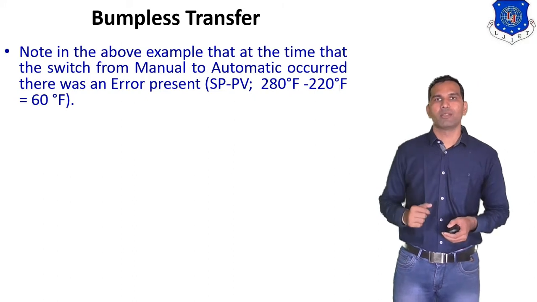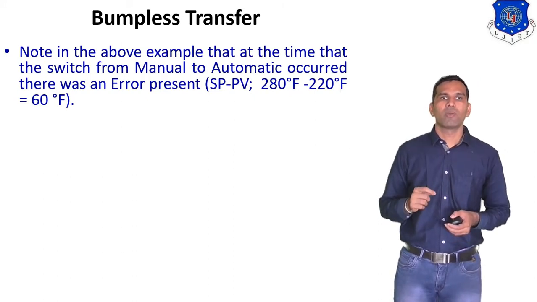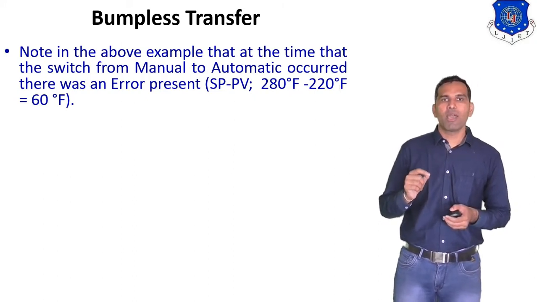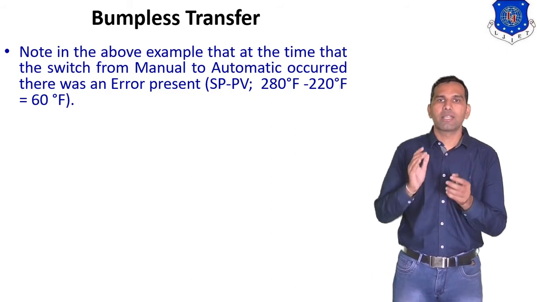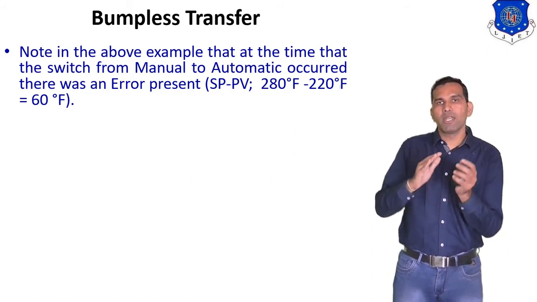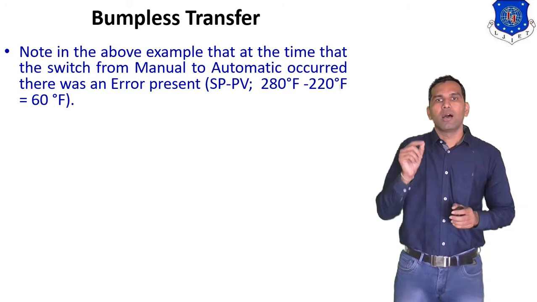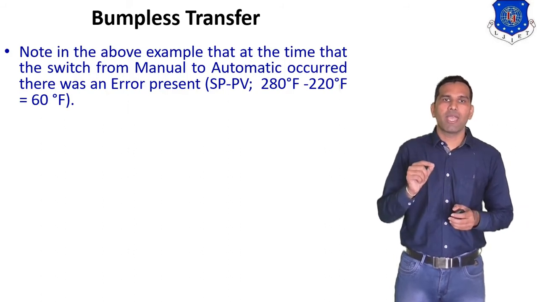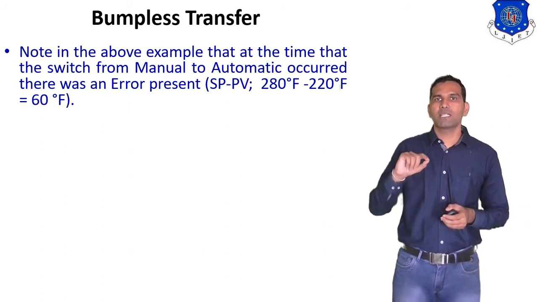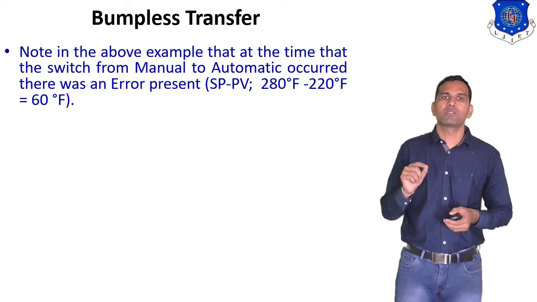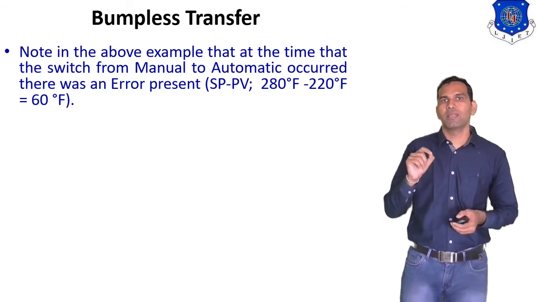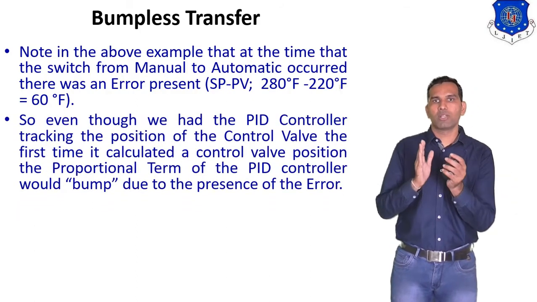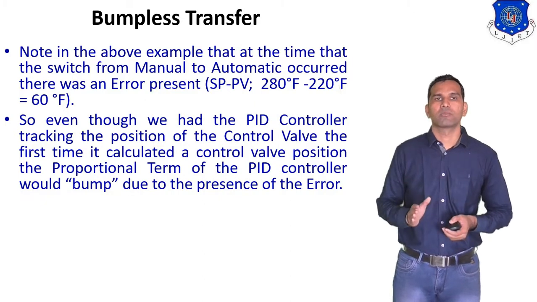So what happened? Note in the above example that at the time the switch from manual to automatic occurred, there was an error, SP minus PV, equal to 60°F, because we know there is a large difference.